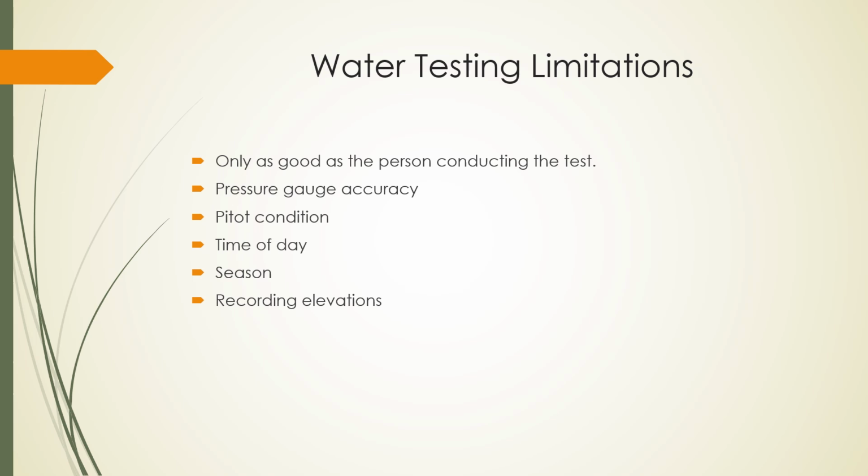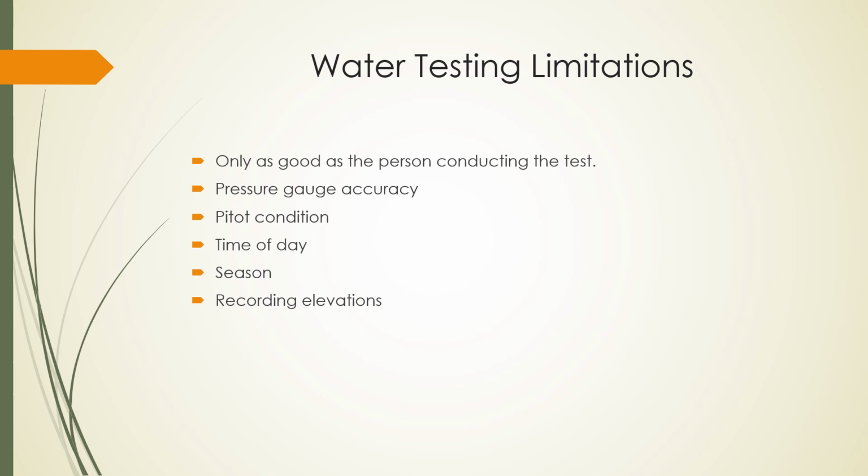So much so that when we used to do the 8-hour class, we would have 15, 20 people in the class, and we would all go out and flow a hydrant and put the pitot tube in the stream, and we could have a 10 psi variation between students as to what the number was off the pressure gauge.